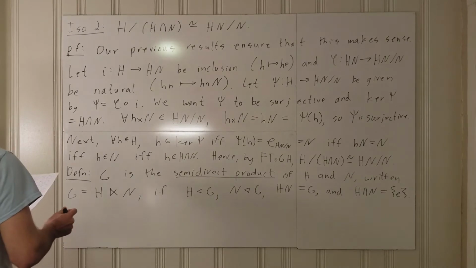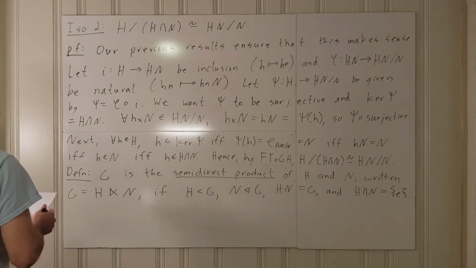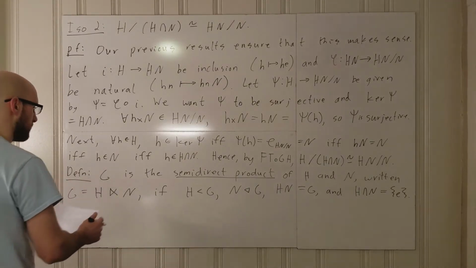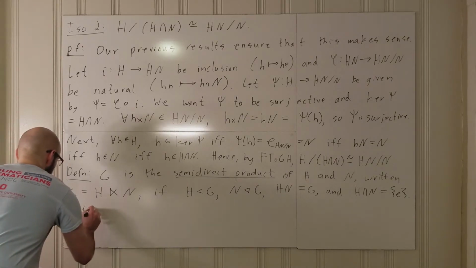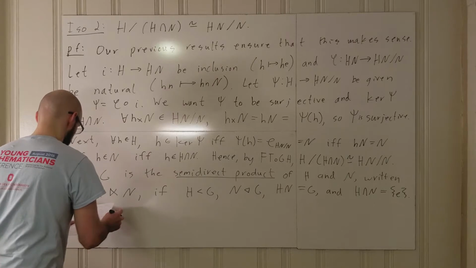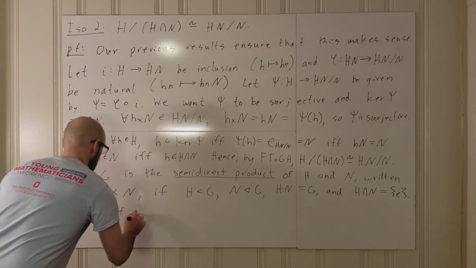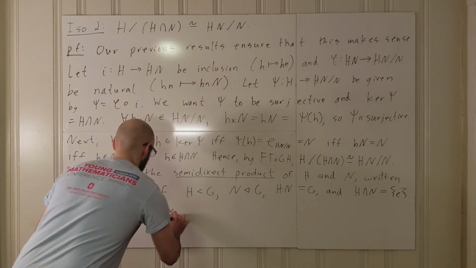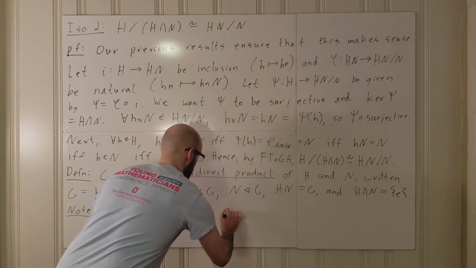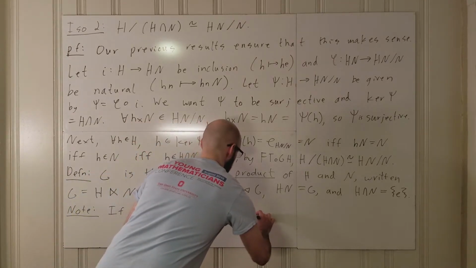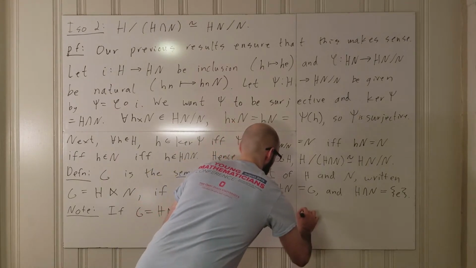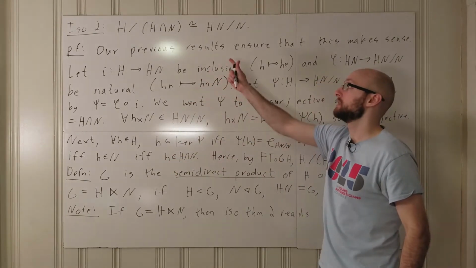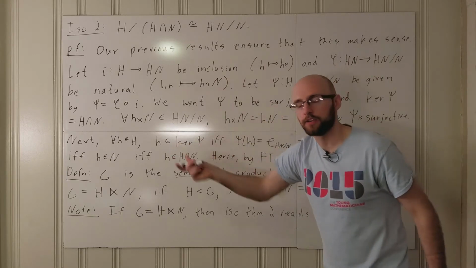So let's see here. Note, if G is the semi-direct product of H and N, then the isomorphism theorem number 2 reads, well, we have H mod H intersect N, but H intersect N is the identity, and if you mod out by the identity, you're just left with the group.